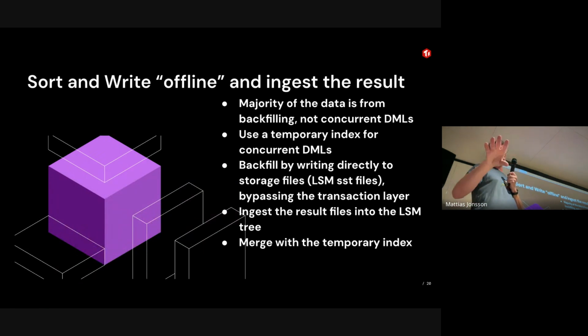So we're pushing down the filtering and so on, just returning the columns in an efficient way. So the reads are faster. The sorting and so on, you can offload to new nodes, for example. So you can scale the cluster out to only handle DDL, if you want. And then the biggest benefit is really the writing part, because then you skip all the transaction handling. You don't need to start more transactions for that.